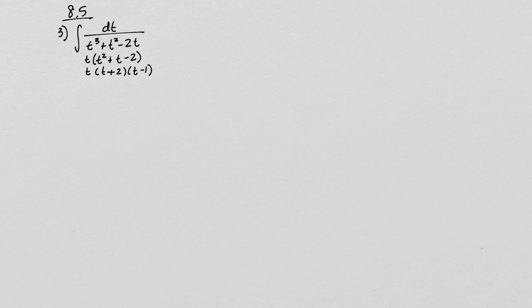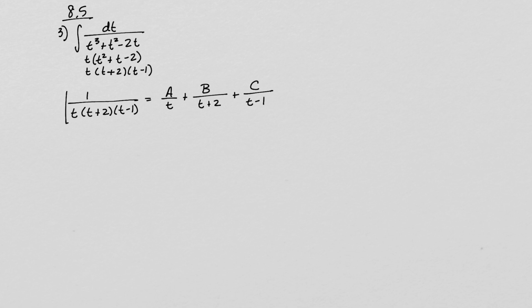So what that means is that our fraction is going to end up being 1 over, I have t times t plus 2 times t minus 1. So we're going to have A over t plus B over t plus 2 plus C over t minus 1. And then I'm going to multiply the whole entire fraction by t times t plus 2 times t minus 1.